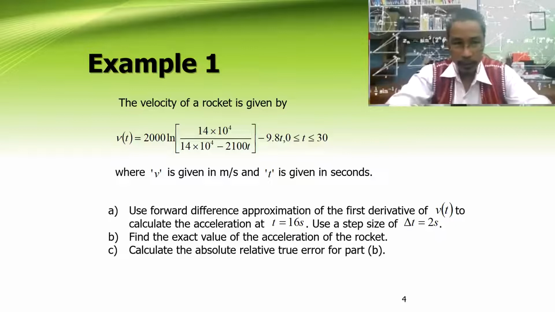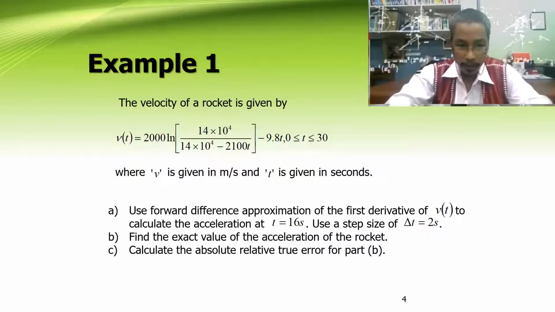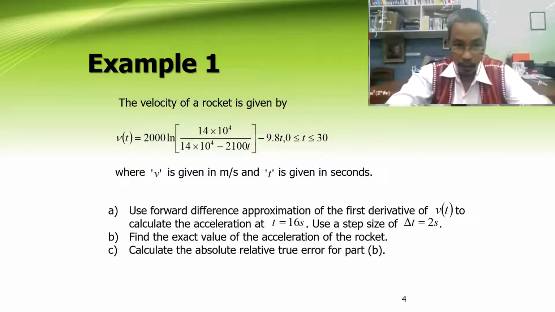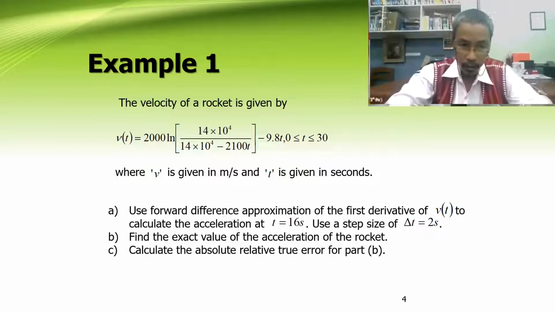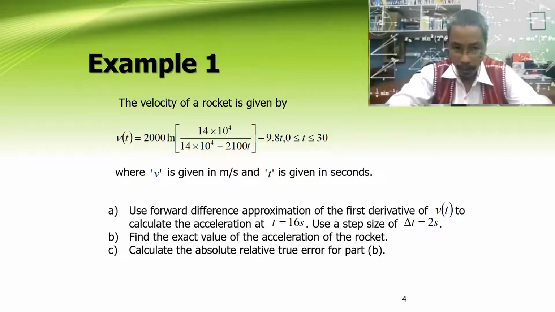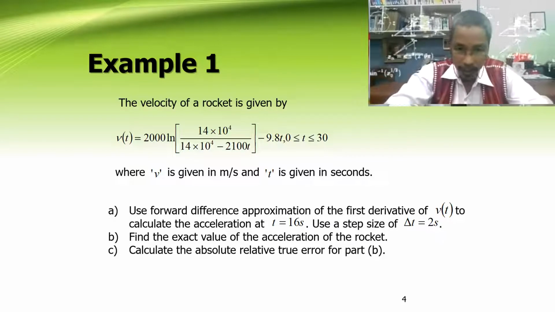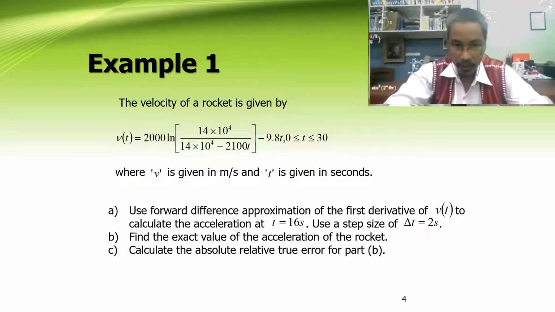Example number 1. The velocity of a rocket is given by the function v(t) equals 2000 natural log of the quantity 14 times 10 to the fourth divided by 14 times 10 to the fourth minus 2100 t, minus 9.8 t.